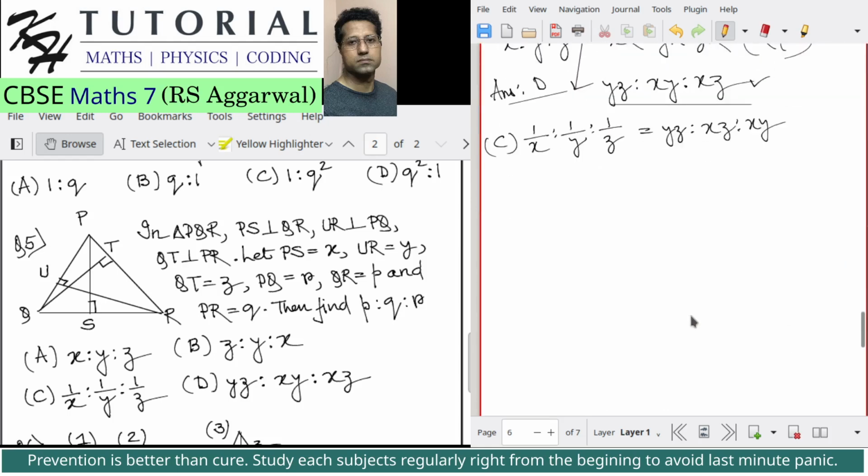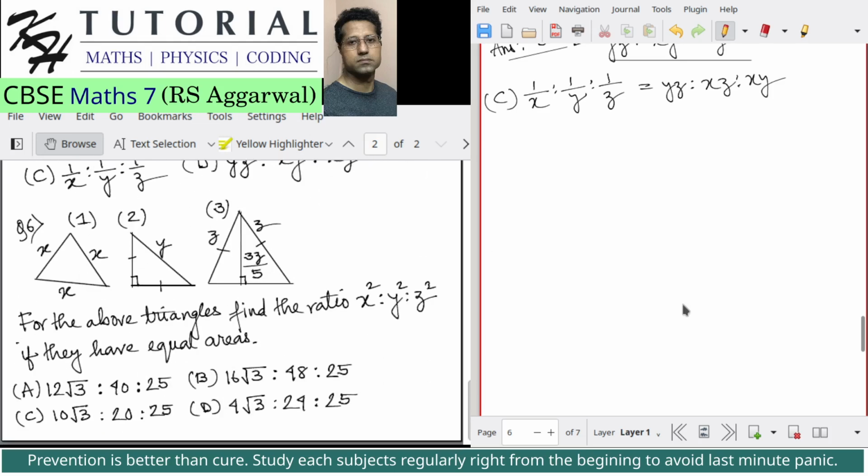Okay, let's do probably the last problem, question number 6. For the above triangles, find the ratio x square is to y square is to z square if they have equal areas. So there are three triangles. Figure 1 is an equilateral triangle because all the sides are equal.